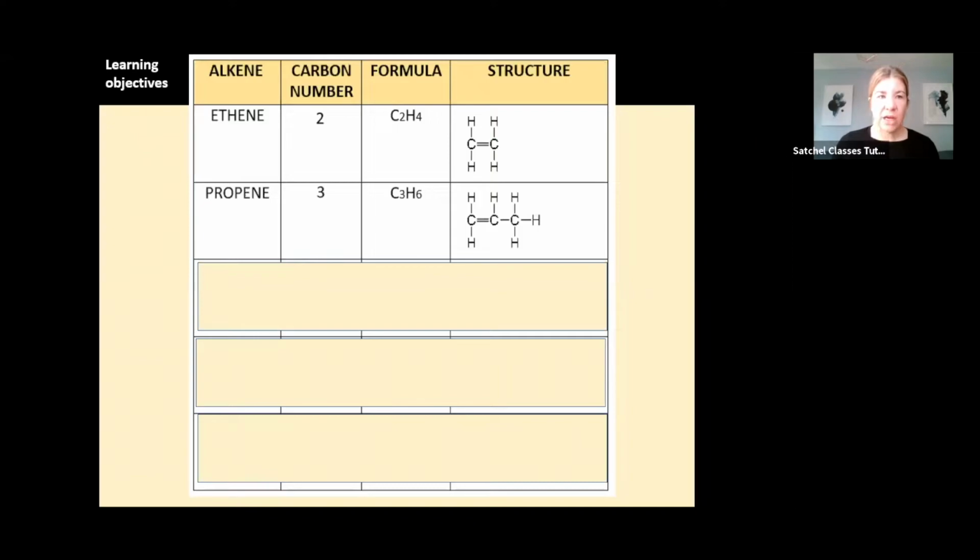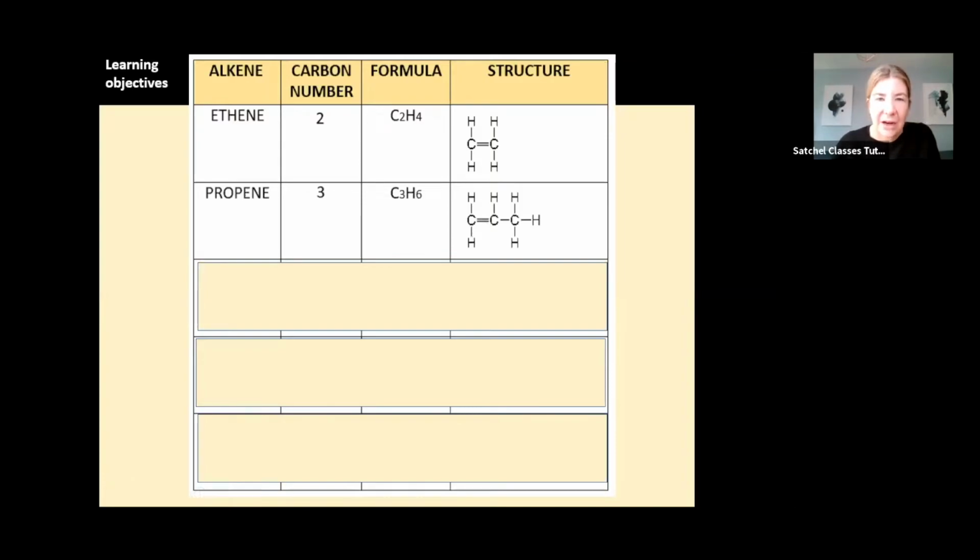How many bonds it can form with another atom. Carbon is in group 4 of the periodic table, all right, which means it's got 4 electrons on its outer shell. So it can only bond with 4 different things, okay? It can form 4 bonds, or to simplify it, it can have 4 lines coming off it. That's the rule, okay?